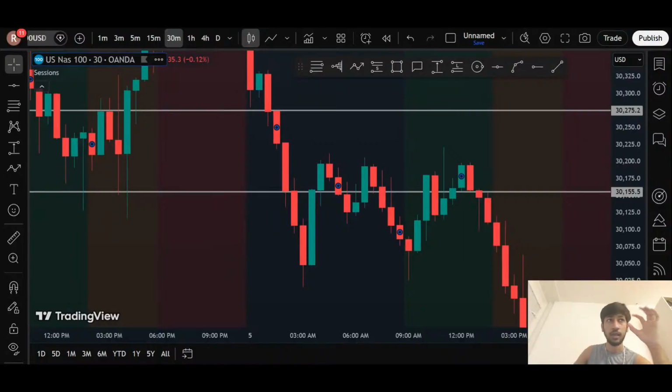Like how can I enter on minimal stop loss, how can I reduce my risk, how can I conserve my capital, and over time I will let my setup and my intuition and my thoughts over the chart lead me to the next level, you know.